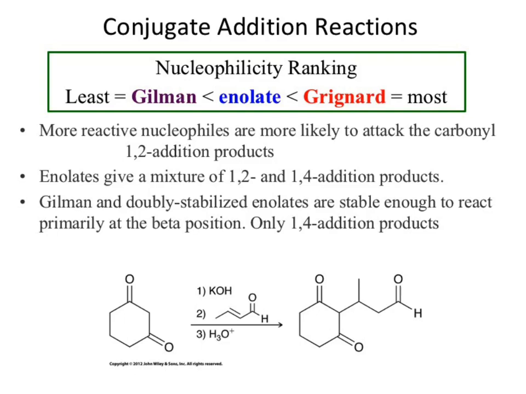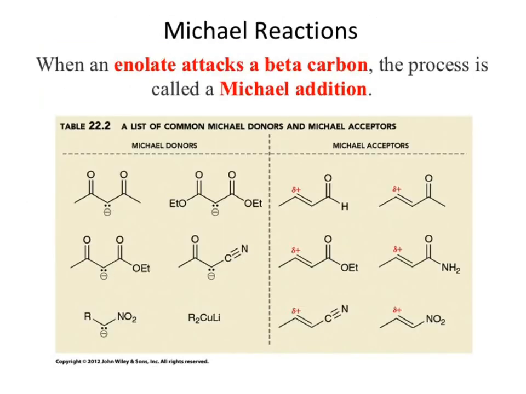Because somebody has now created a nucleophile that only attacks one position and not the other, they get to attach their name to it. This is referencing our Michael reactions. When an enolate attacks a beta carbon, it's called a Michael reaction. So a Michael addition is just taking an enolate and reacting with the 4 position.